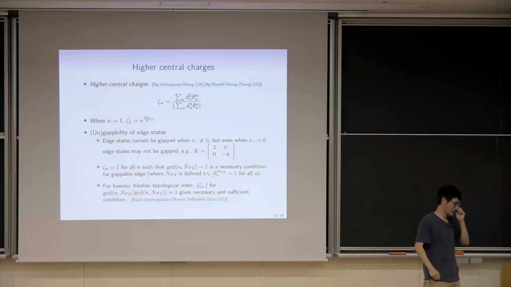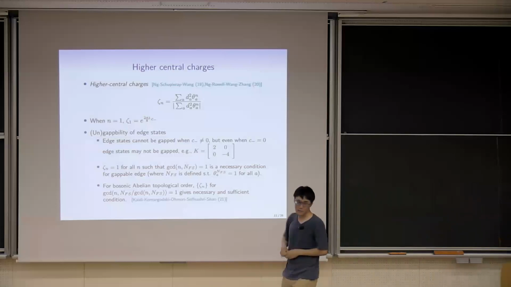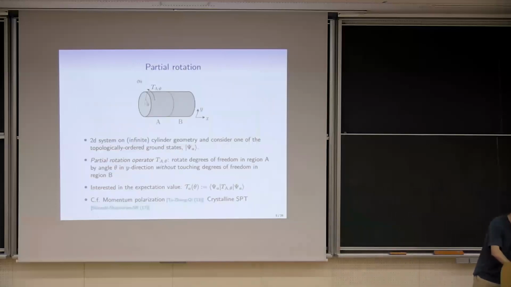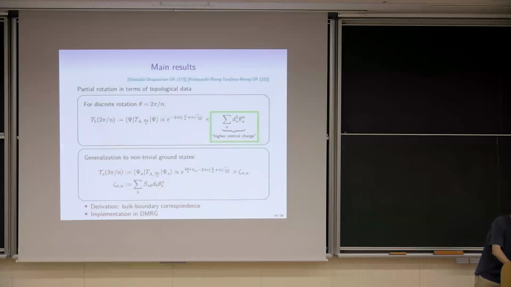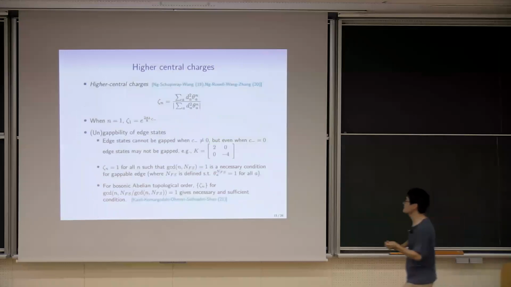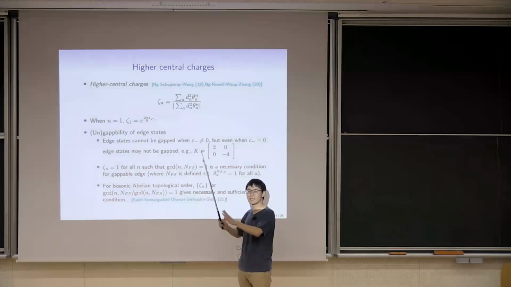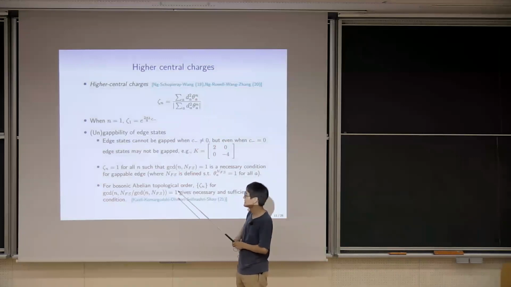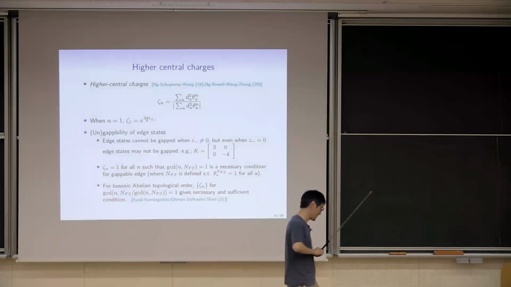Thanks. Maybe I have a layman question, but why do they call them higher central charges? Do they have any algebra behind it? In the case of the usual central charge, you have lots of algebra. Now you're asking math, I think. Motivation: like I said, these people are interested in generalizing the formula for the chiral central charge in terms of modular data, and then they found this formula. Is it really a center of some algebra, or do they just call it that because it's a generalization?